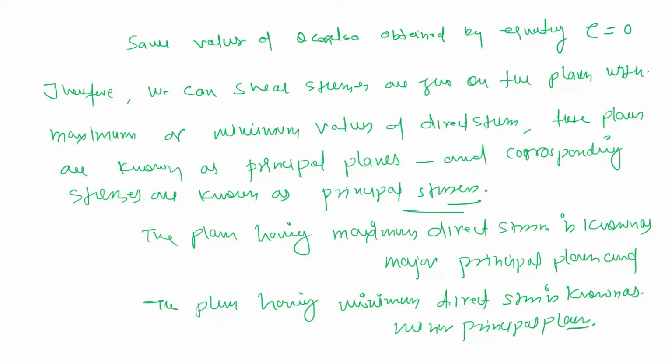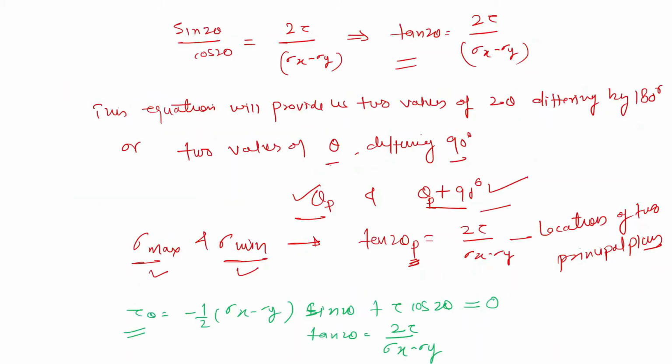Here we learned two important things in this lecture. One, we can find the location of the principal plane using the formula tan 2 theta is equal to 2 tau over (sigma x minus sigma y), and this will give us two values of theta differing by 90 degree, or two values of 2 theta differing by 180 degree.